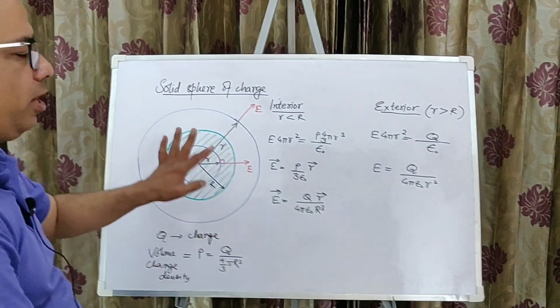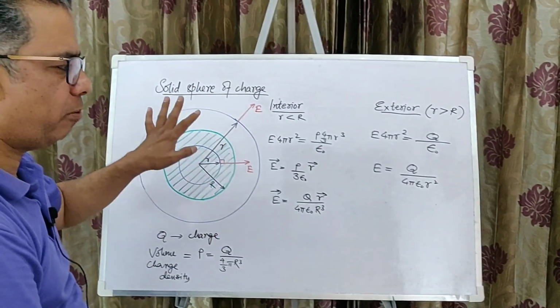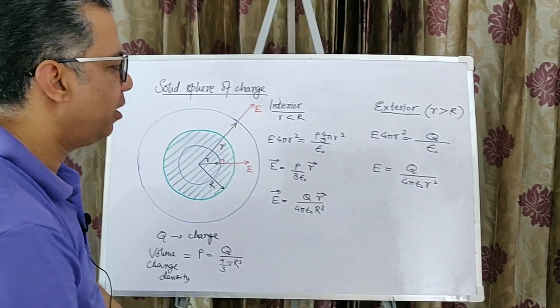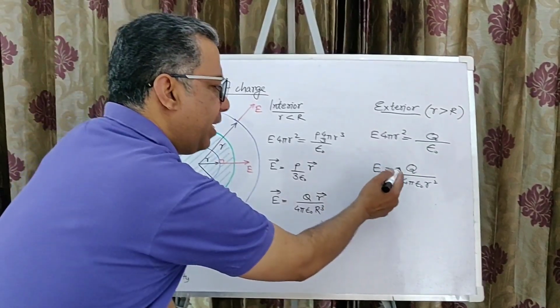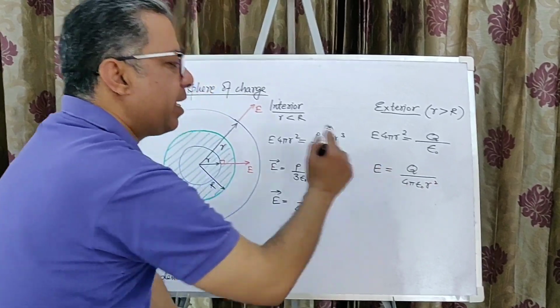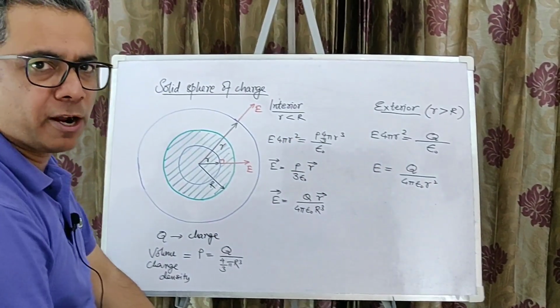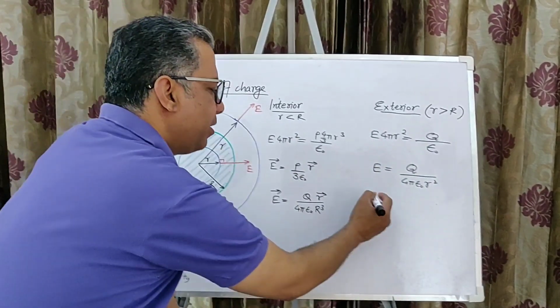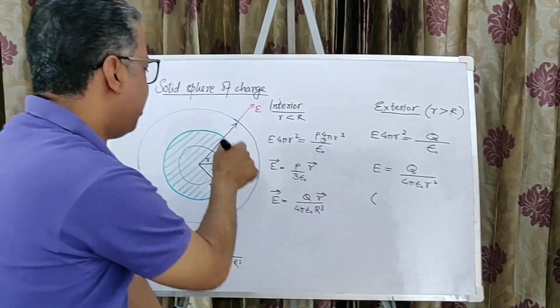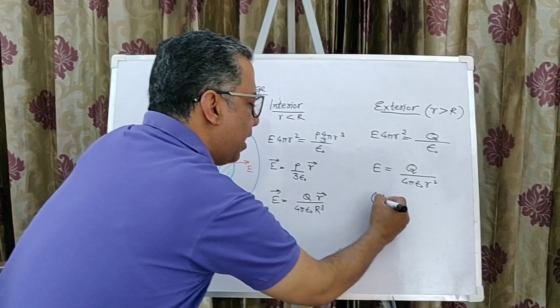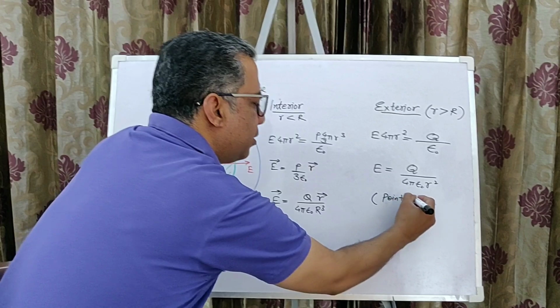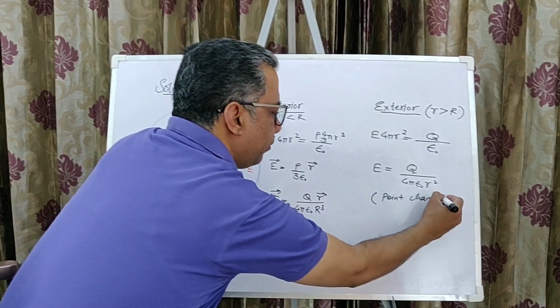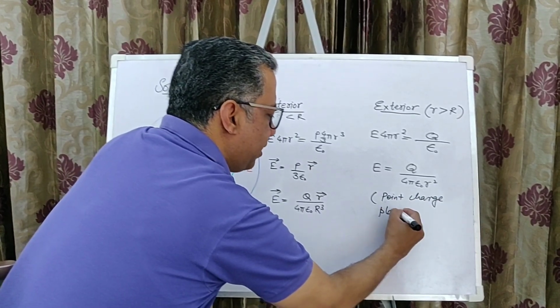So even with a uniform solid sphere of charge, we find that the electric field is exactly like that of a point charge placed at the center. So even a solid sphere behaves like a point charge placed at the center.